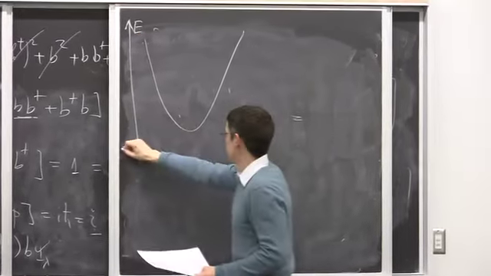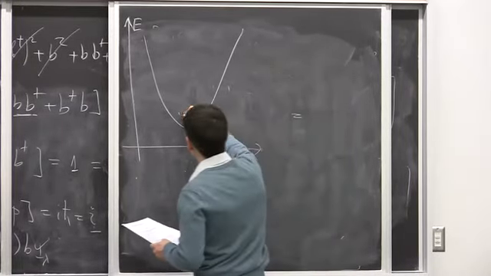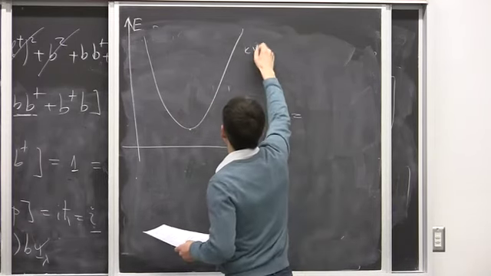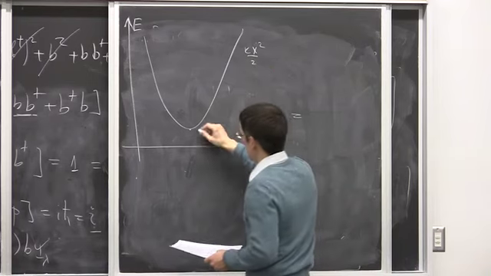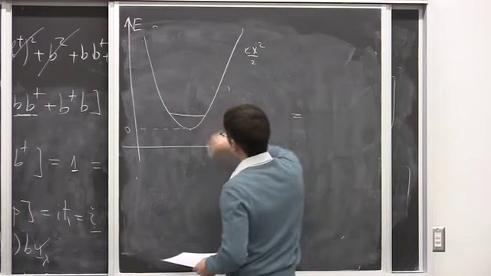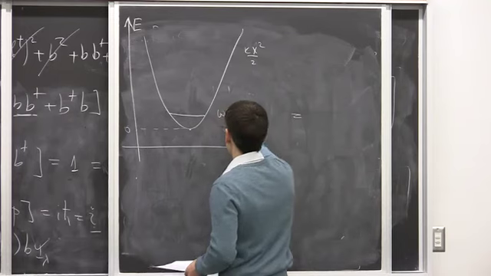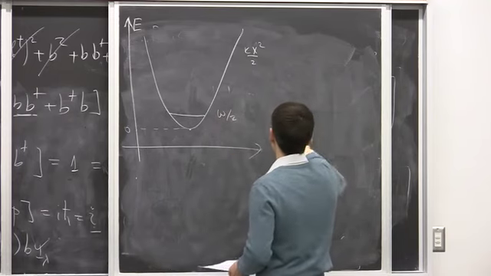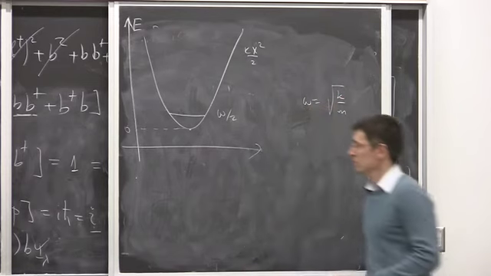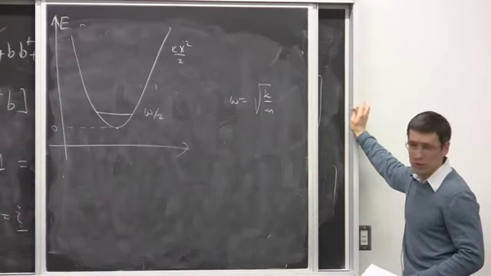The potential, say the coordinate system here, and this is the bottom of the parabola. The parabola is, say, kx squared divided by 2, right? And this is our zero of energy. Now, the energy of the ground state of the harmonic oscillator is omega divided by 2, right? And omega is the square root of k divided by m.